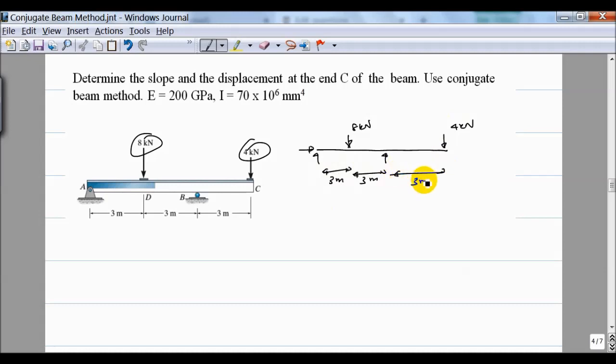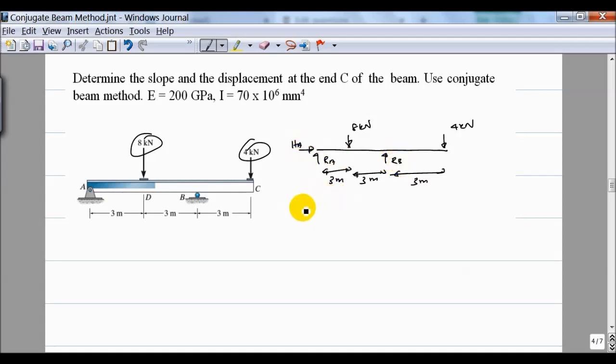My drawing is not to scale, but I hope you get the bigger picture of this problem. Now I need to find these reactions. So this is RA, RB, and this is HA.